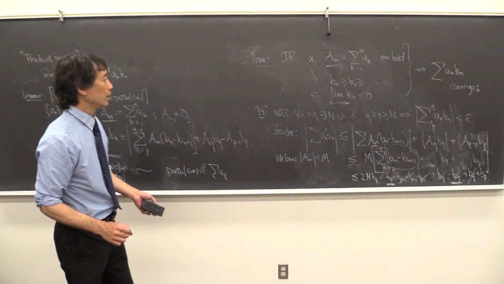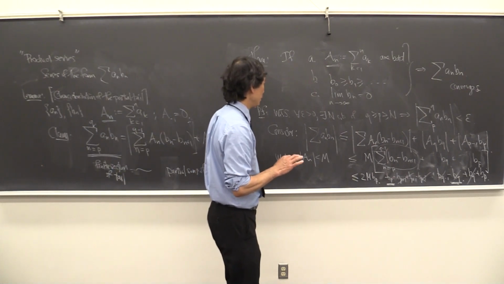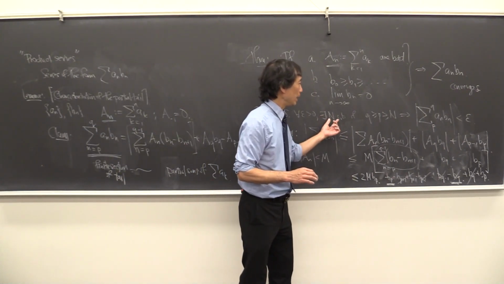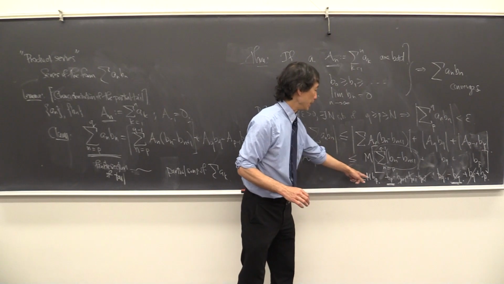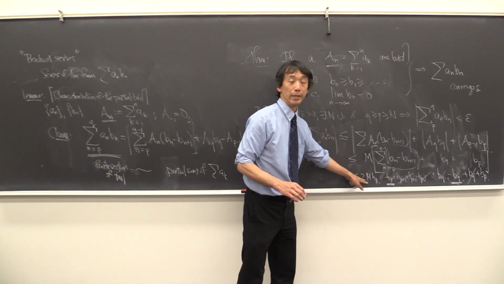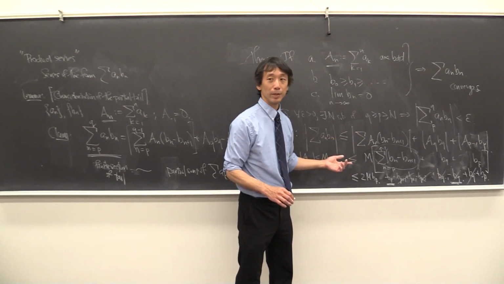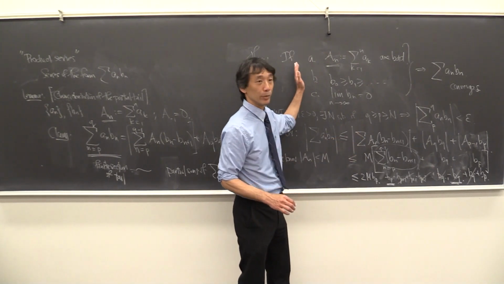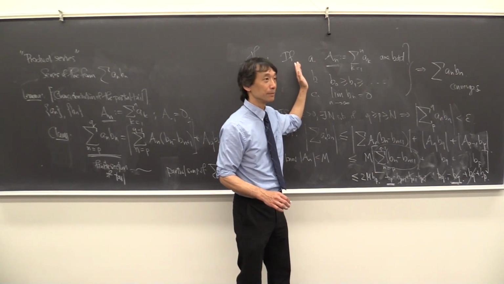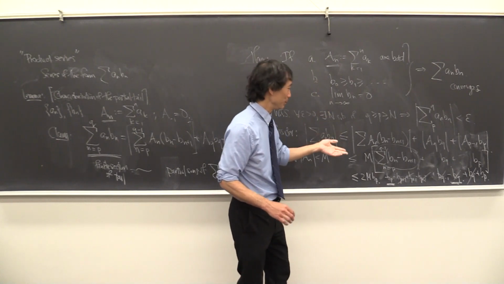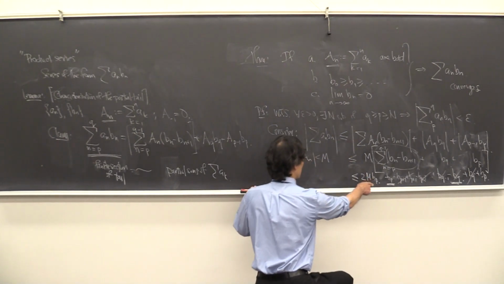Now remember what we're trying to do. We're trying to find a time past which this thing is smaller than epsilon. Why can we do that? Why is that clear? What do we know about the b's? They converge to 0.